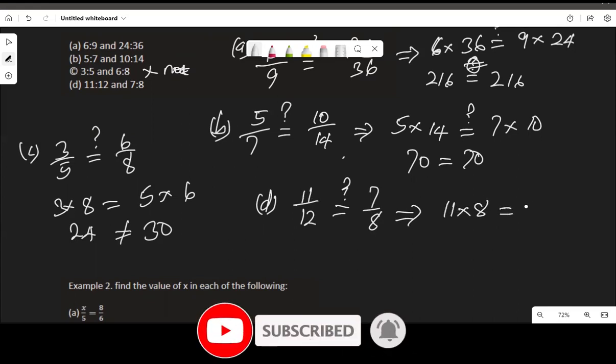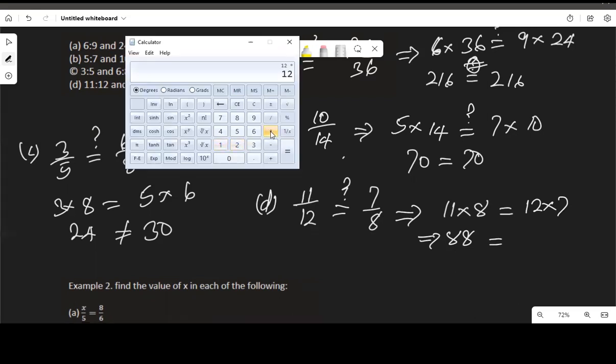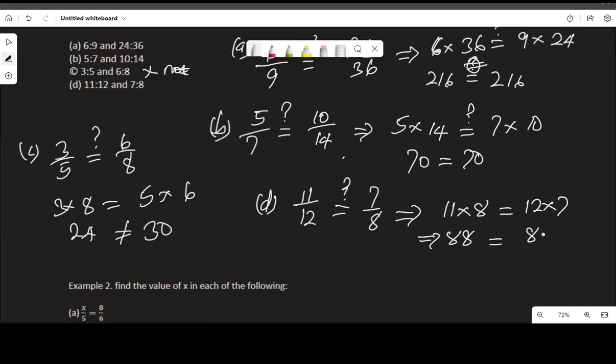Let's assume it's equal to 12 times 7. 11 times 8 is 88. Let's assume it's equal to the other side. 12 times 7 is 84, okay? They are not equal. 88 and 84 are not the same. Therefore, these ratios are not in proportion.